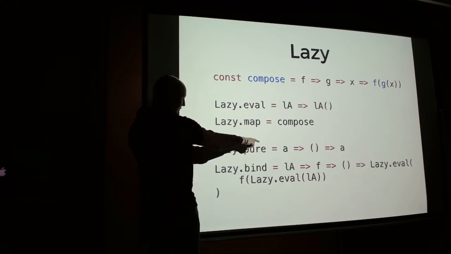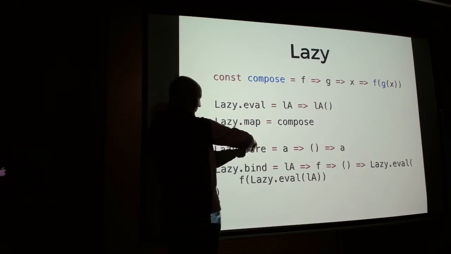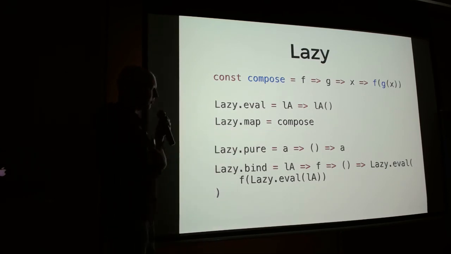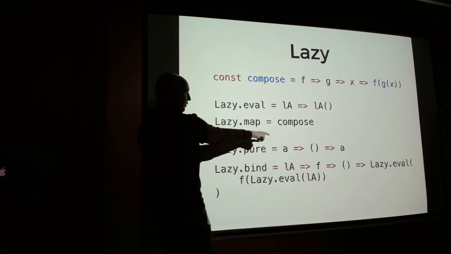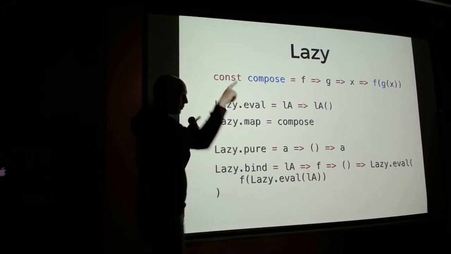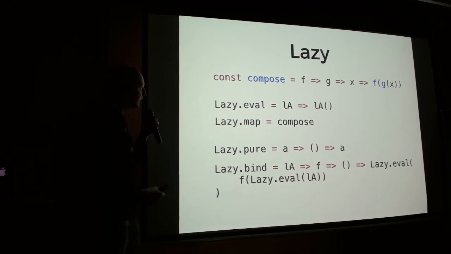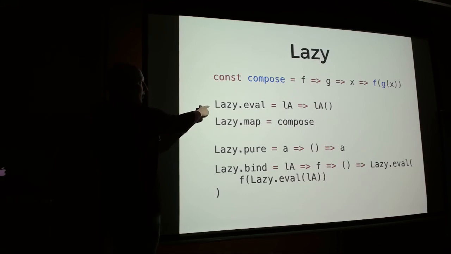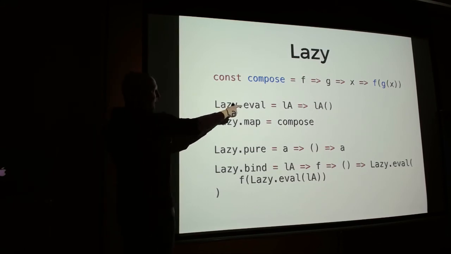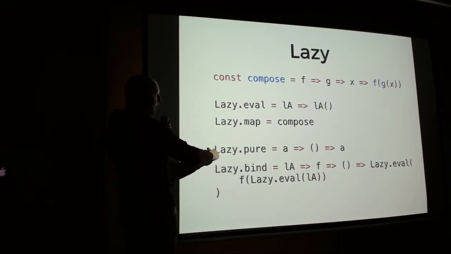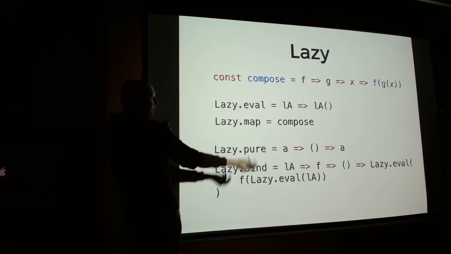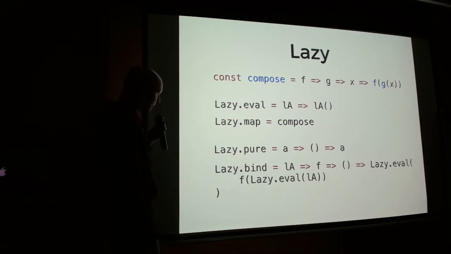It says, okay, give me an A, and then we will return a function that returns this A. This way we can delay the evaluation of A, right? So we'll have to evaluate this function, we'll have to apply it to get the A out, like by applying this eval function here. You see, it accepts the function created with lazy pure, it just evaluates it and gets the value outside.